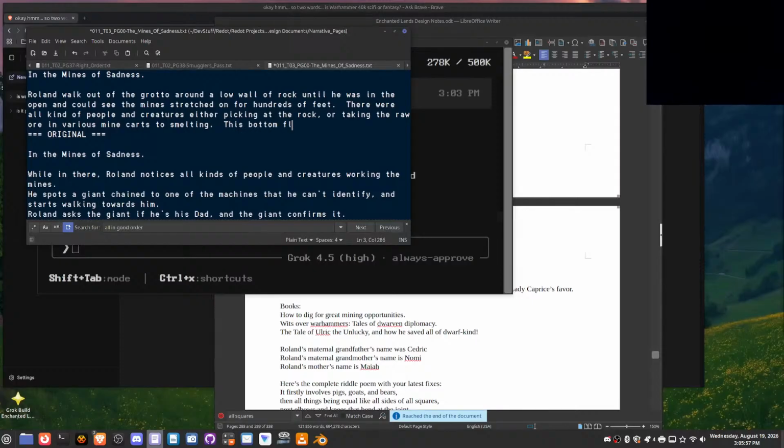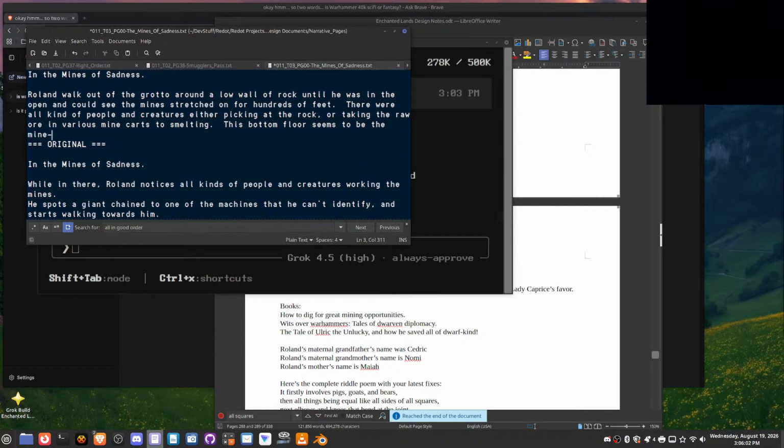This bottom floor seems to be the mine proper.